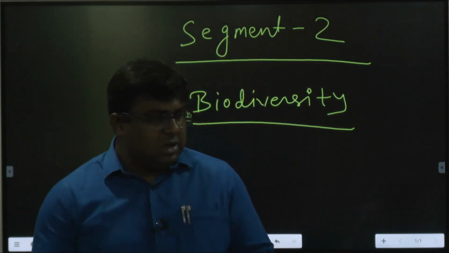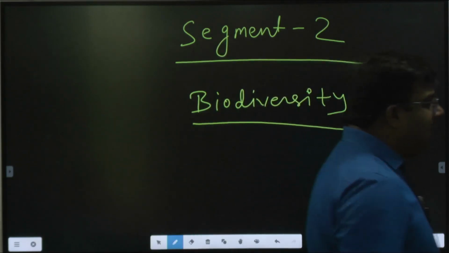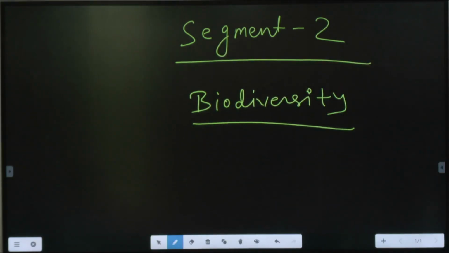But as a faculty, my role would be to make you familiar with the theoretical aspects of this segment, and also to talk about all the important developments noticed so far related to the subject matter of biodiversity.